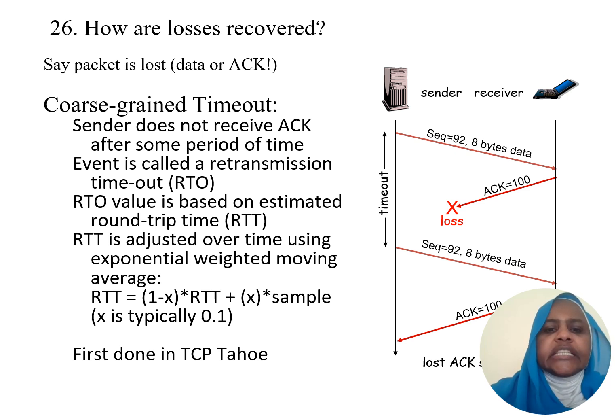The RTT is adjusted over time using the following formula, where the RTT equals (1 minus x) times the previous RTT plus x multiplied by a sample RTT. X is typically 0.1. This was first used in the TCP Tahoe version.